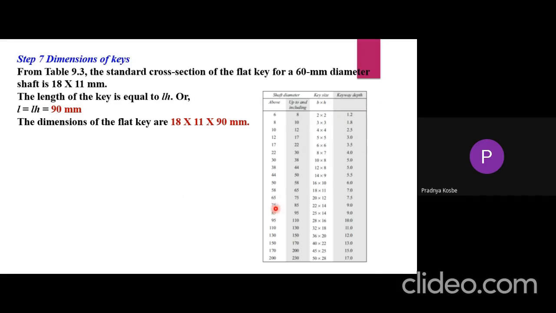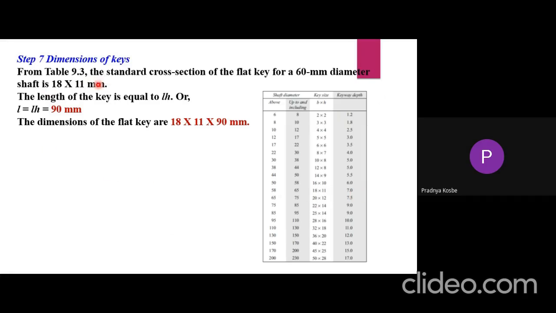So above 58 mm shaft diameter and up to 65 mm shaft diameter, key size is 18 into 11 and key depth is 7 mm. Here the shaft diameter is 60 mm, so it is lying between 58 and 65. So key size will be 18 into 11 and key depth is 7 mm.